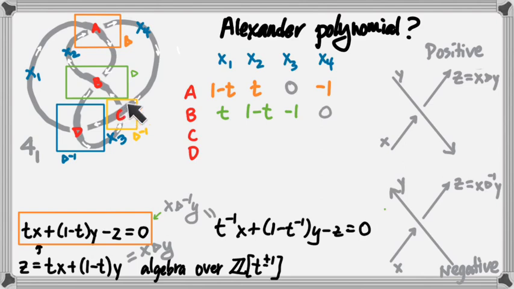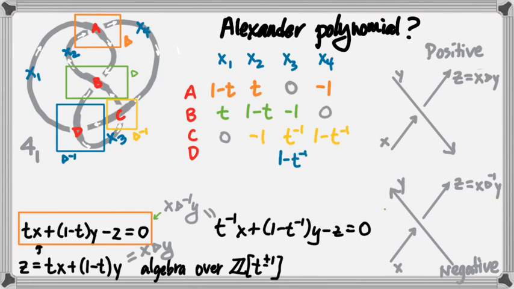So at crossing C, our bridge is arc 4, and so it's getting 1 minus t inverse as its coefficient. The inbound arc is x3, so it gets t inverse. And the outbound arc is x2, and it gets negative 1. And x1 is not participating, so it'll get a 0. And we'll do the same thing with D. The bridge is x3, and so it gets 1 minus t inverse.